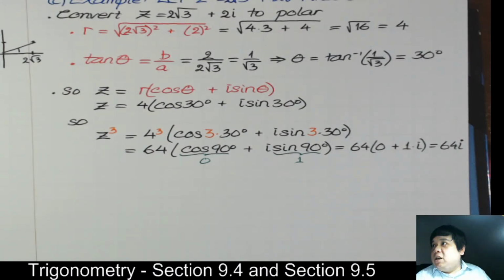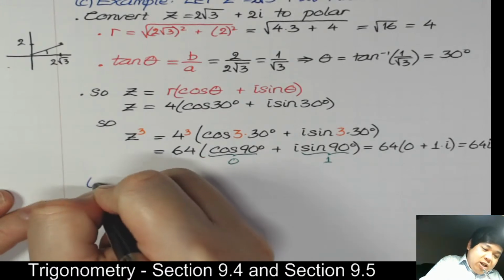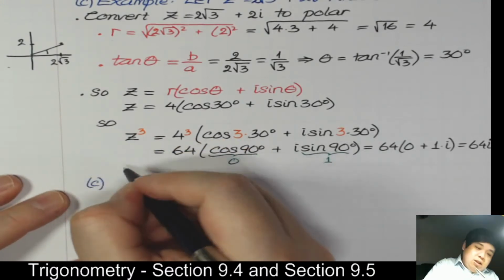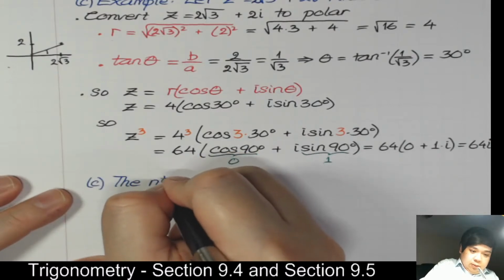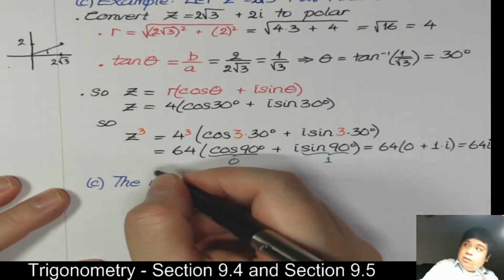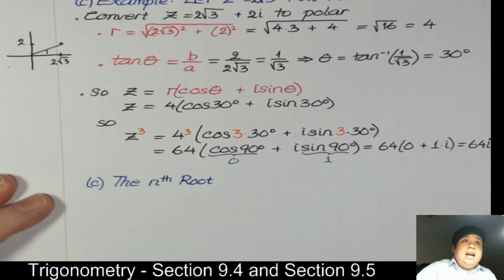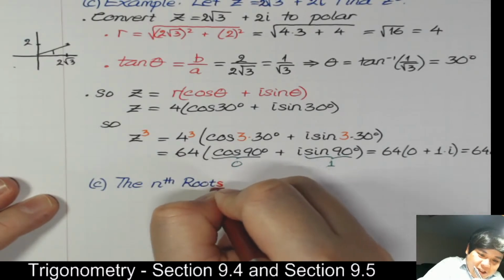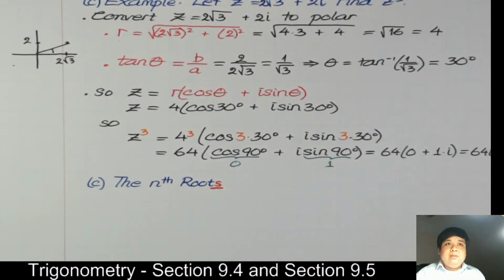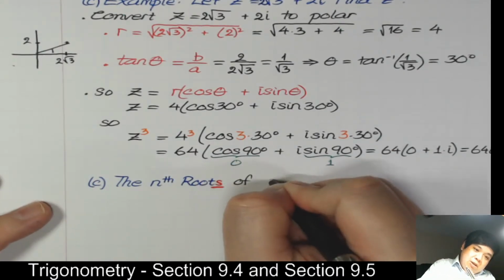Right, last thing we learned in this class is the nth root, also sort of part of De Moivre's theorem. So the nth roots. And the key here is it is about roots of a complex number.